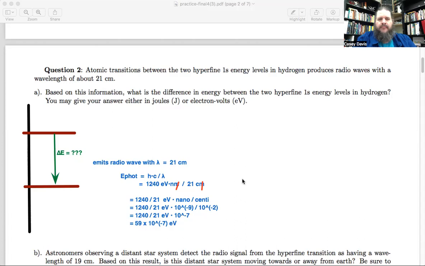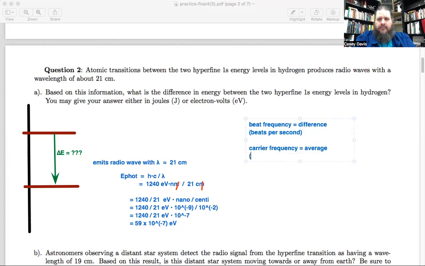The beat frequency is one frequency subtracted from the other, and the frequency that we hear they call the carrier frequency. Whenever we move a source, we first consider what the Doppler effect does to those sources, and then we consider the beats those two sources created, and also the carrier frequency.